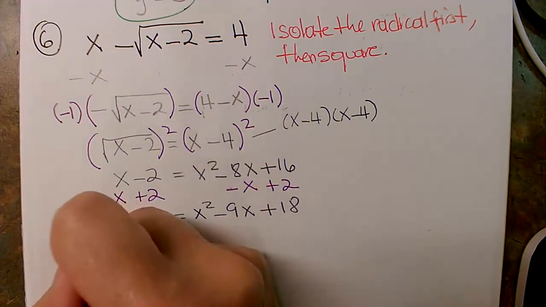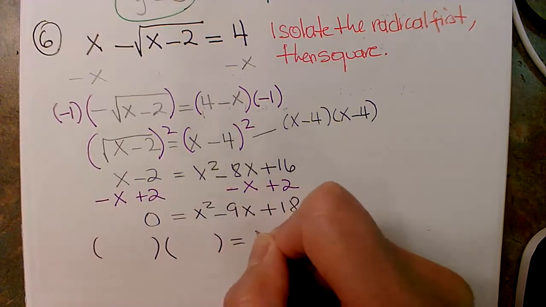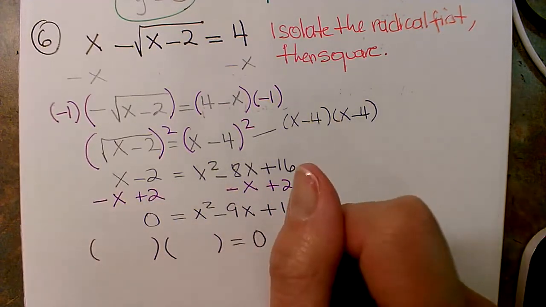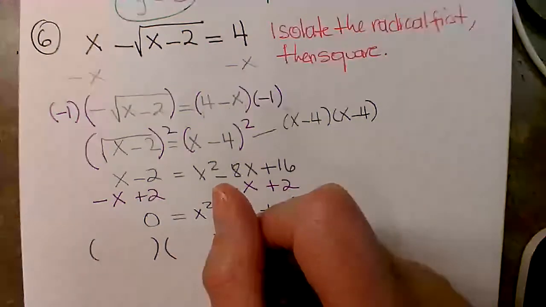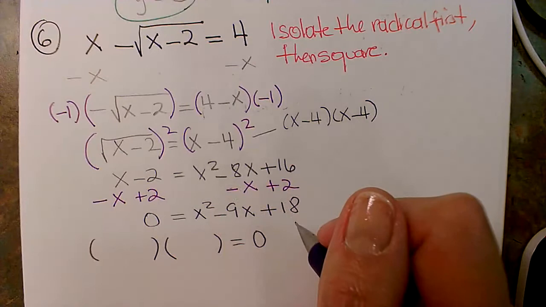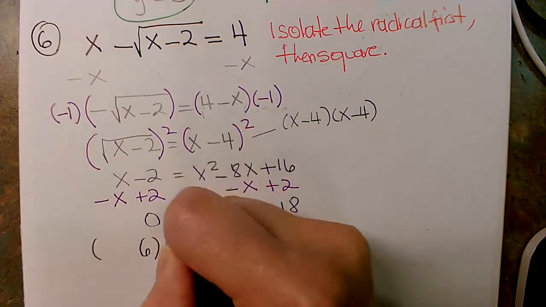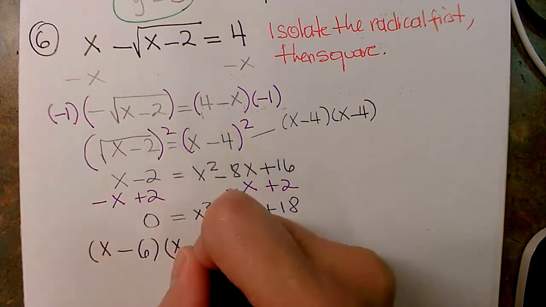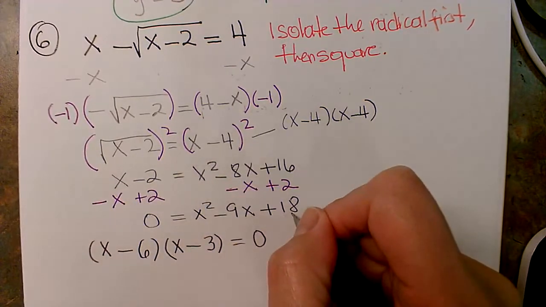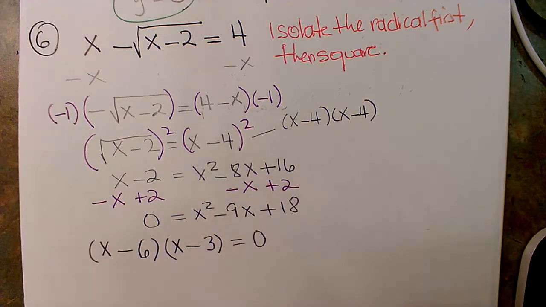What do we have here? We need two numbers, and when I multiply, I get 18, and when I add, I get 9. That will be 6 and 3, right? If both are negative, my multiplication would be positive, and addition would be negative.